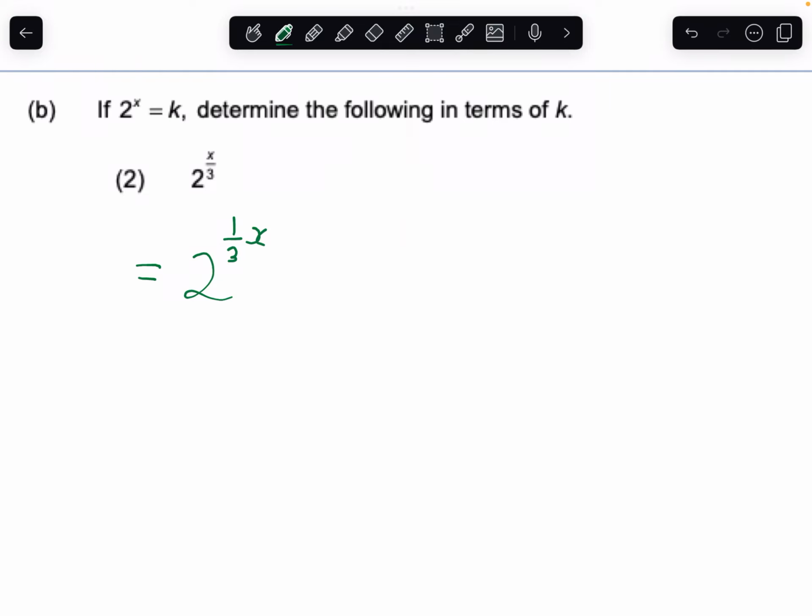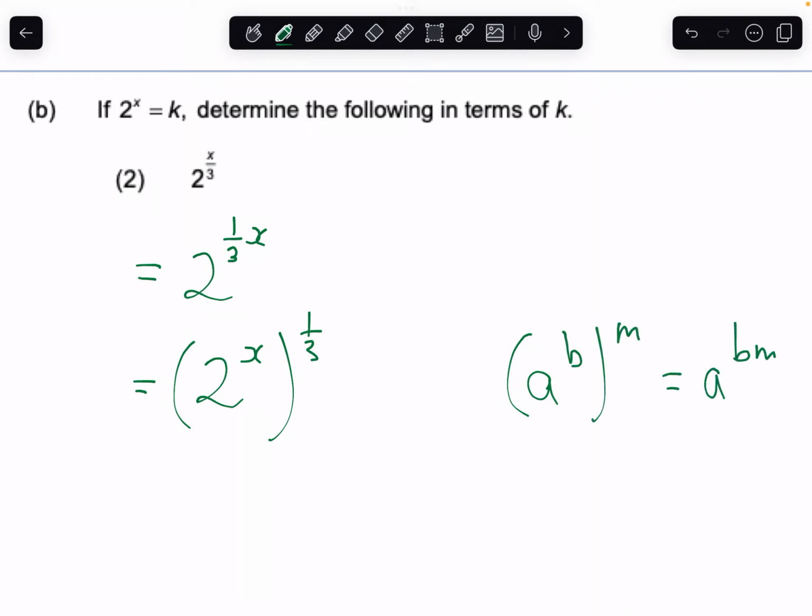Dividing by 3 is the same as multiplying by a third. So that is the same as 2 to the x to the power of a third. Same law as before: a to the b raised to the power of m is the same as a to the b times m. And now we've got our 2 to the x by itself, so we can replace it with k.